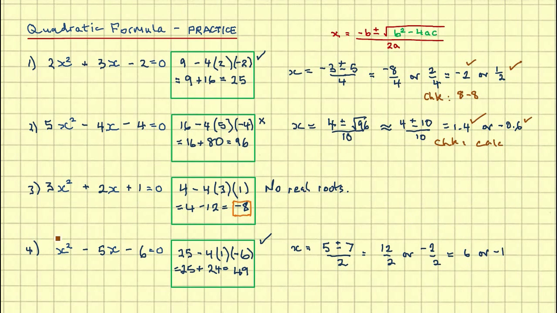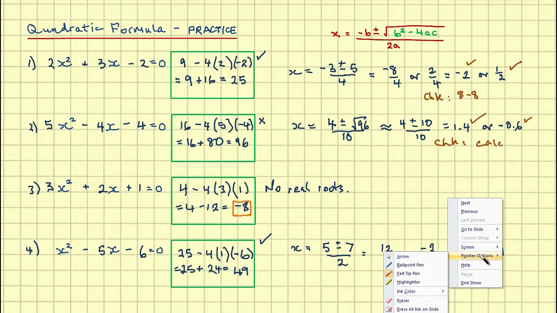And finally, we're going to plug in 6 and minus 1. So let's check this one. So 6 squared is 36, minus 5 times 6, so that's minus 30, minus another 6 brings us to 0. So it's 36 minus 36, so that one's correct. Let me just tidy that up.